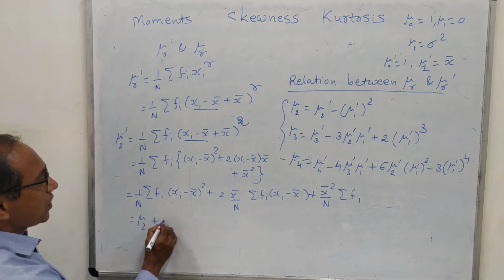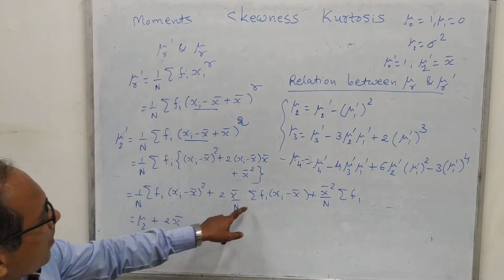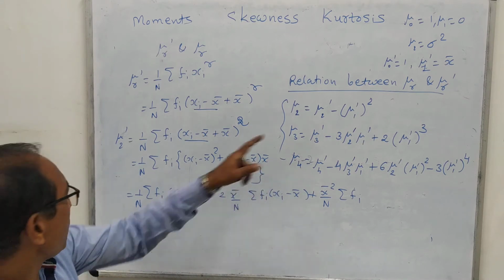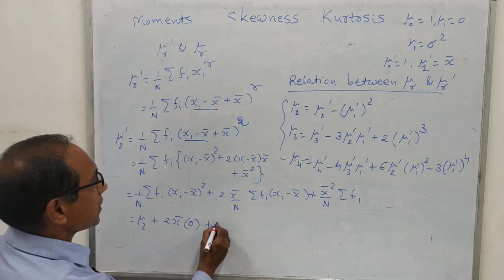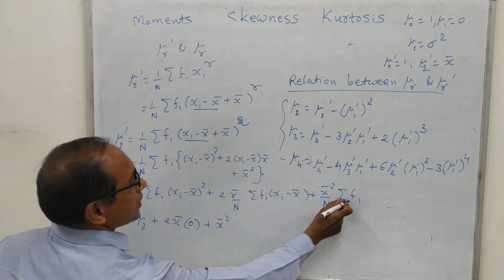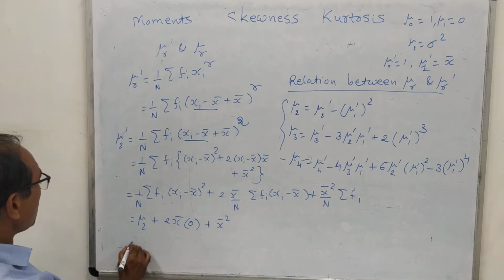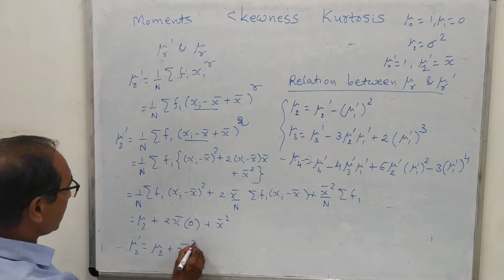And it is 2 x bar upon capital N fi into this is mu1, but mu1 is 0. And the last one is x bar square because capital N will be cancelled. So mu2 dash equal to mu2 plus x bar square.